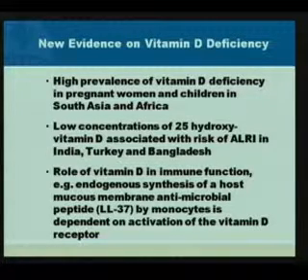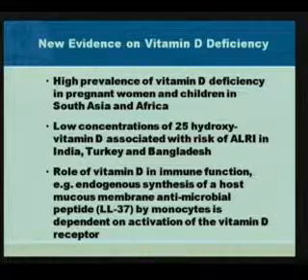We know that low concentrations, and these are case control studies, low concentrations of 25-hydroxyvitamin D is associated with an increased risk of acute lower respiratory infections. This has been shown in India, Turkey, and by one of our doctoral students just recently in Bangladesh. And we do have some clues on mechanisms, but these are still hypotheses. For example, we know that there is a role of vitamin D in immune function.